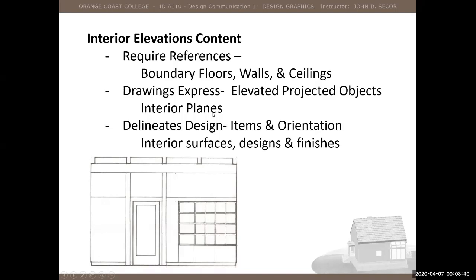Having said that, these drawings really push the envelope on how much we can show on that one facade of the interior, and it gives us an opportunity to focus on the surfaces, designs, and finishes of that wall.